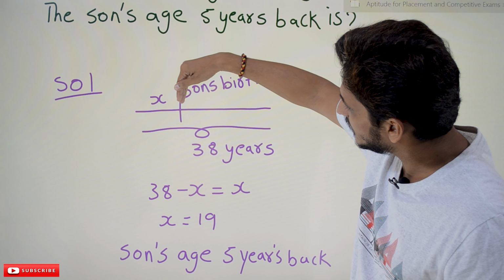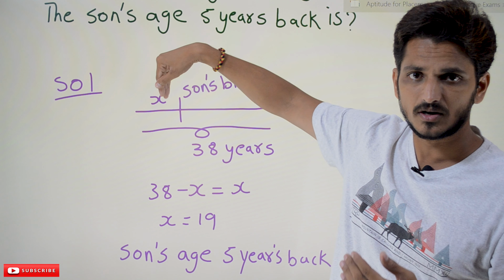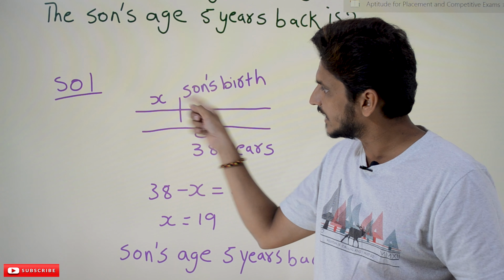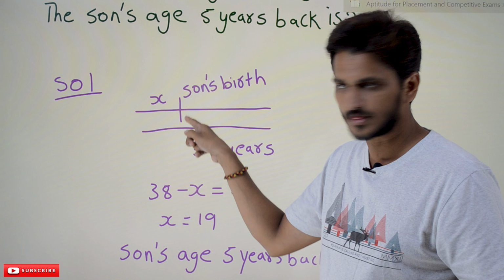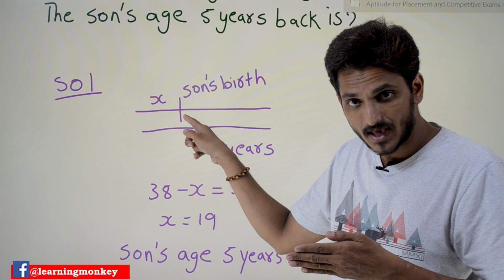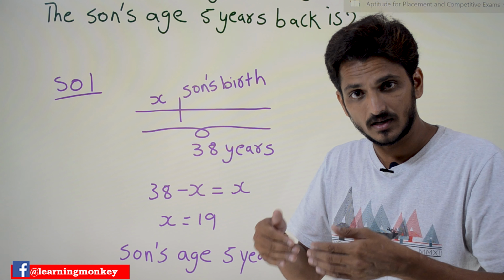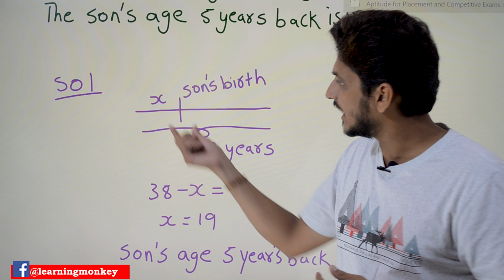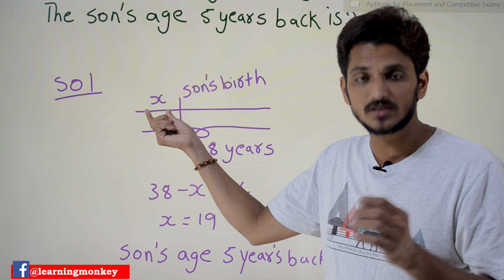Somewhere here the son has been born, and the age of the father at the time of the son's birth is the same as the son's present age. We are assuming that the age of the father at the time of the son's birth is X.